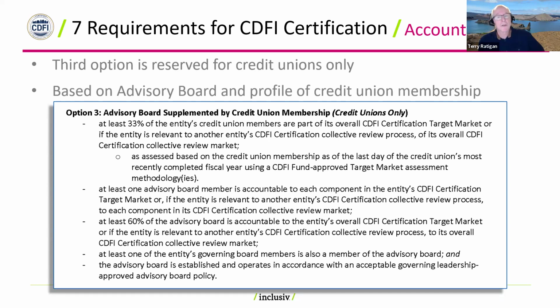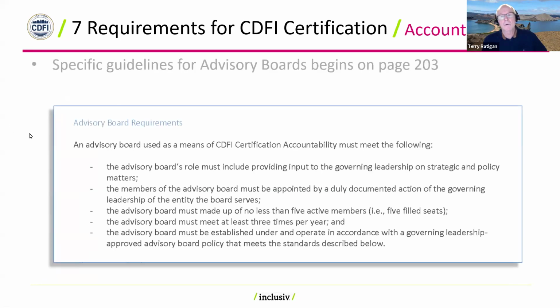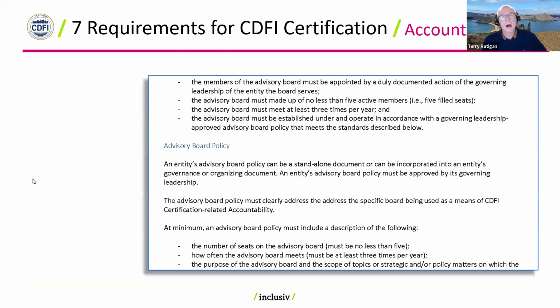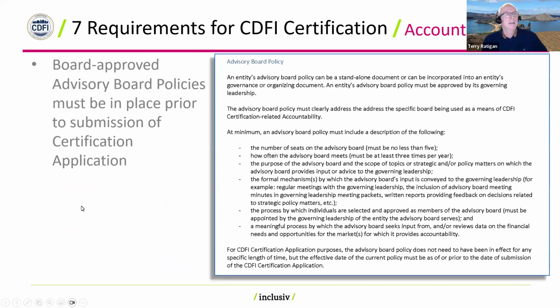It is based on both a profile of the advisory board and a profile of your total credit union membership. The requirements for the composition of the advisory board are pretty clearly spelled out in the guidance. So when you are putting this together, you want to make sure that you follow the specific advisory board requirements. There are board-approved policies that must be in place prior to your certification application.